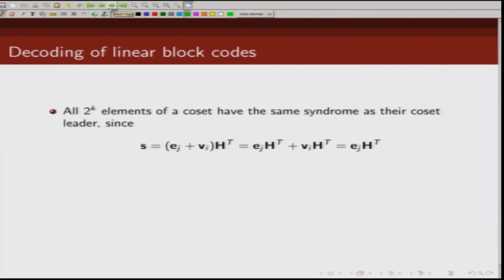The next property is, all the 2 raised to k elements in a row or in a coset have the same syndrome. This we can show because each element in a coset is of the form Ej plus Vi, multiplied by H transpose, and since Vi H transpose is 0, they will only depend on the error pattern, and in each row it is the same error pattern that appears in the elements of the row.